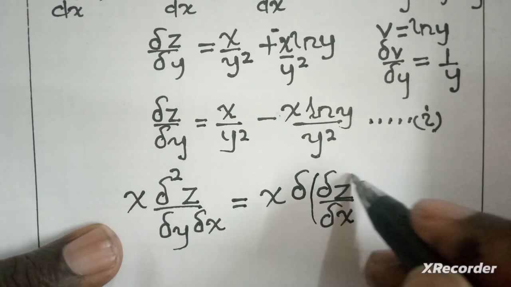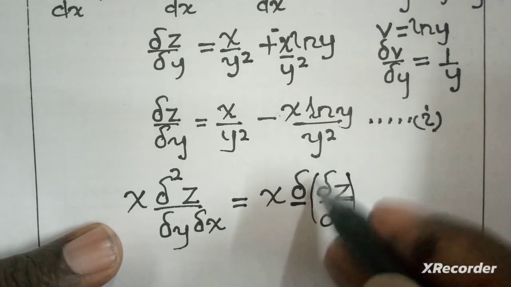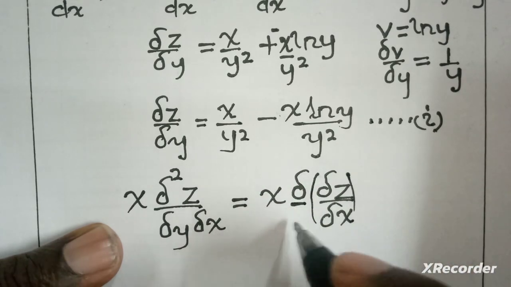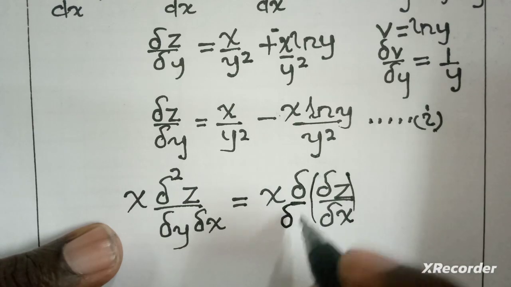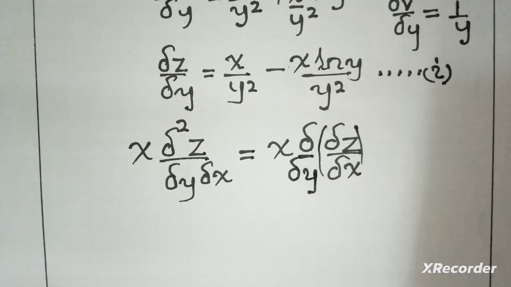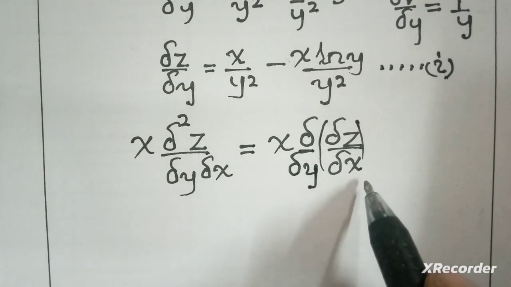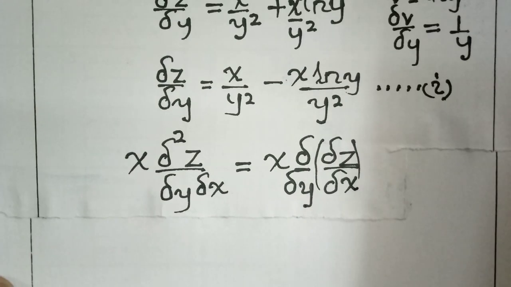Maybe I can put it like that, and then you come and find the partial derivative of that with respect to y, like that, guys. So that's what I am going to do. So guys, I will start with this and see what I will get.